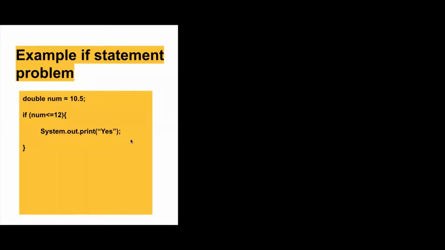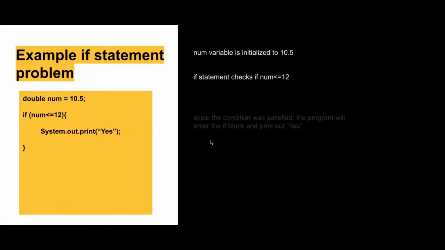We just print out yes, and that's all. If num is set equal to 13, then 13 is not less than or equal to 12, so we just skip this block of code. It's done. The system will print out nothing.